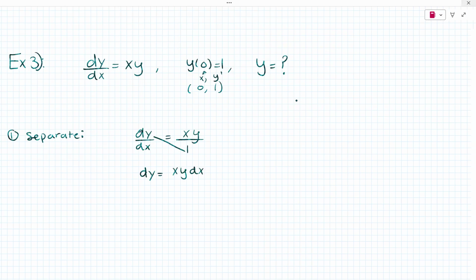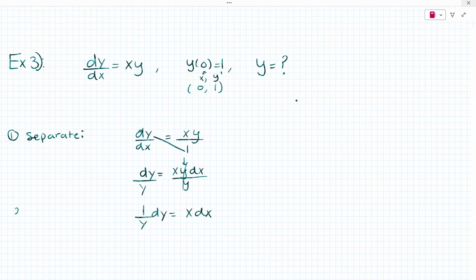Then what we have to do is make sure we get all the x's and all the y's on one side. So what can I do? Just have to get rid of this y. So to do so, I'm going to divide both sides by y or multiply both sides by 1 over y, right? Okay, so that's canceled. So on the left side, you're left with 1 over y dy equals x dx.